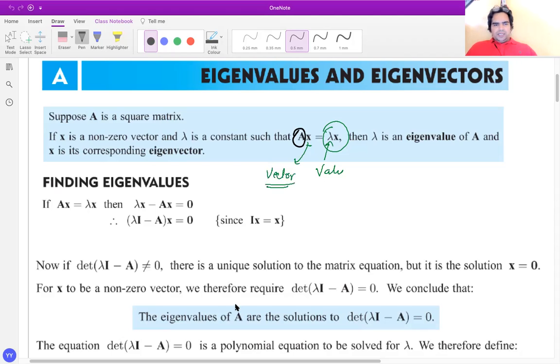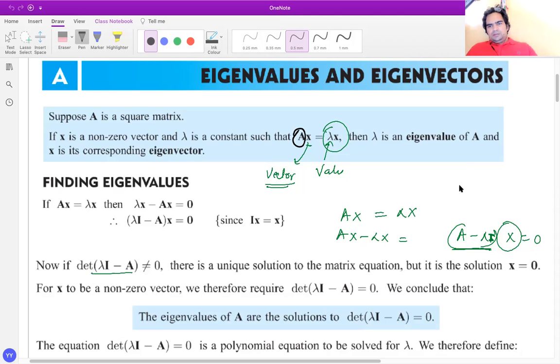Now the standard procedure is, if I have Ax equals lambda x, I bring them to one side and take x common, so I can write (A minus lambda) times x equals 0. Obviously I can't subtract lambda from a matrix directly, so I take it along with the identity matrix I. Now, if x is a non-zero vector, then A minus lambda I must be singular, so the determinant of (A minus lambda I), or you can even take lambda I minus A, must be 0.